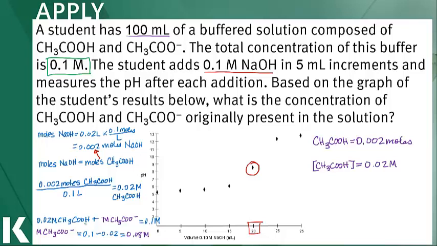When I subtract my 0.02 molar acetic acid from both sides of the equation, I find out that the molarity of my acetate ion is 0.1 minus 0.02, or 0.08 molar. This tells me that the original concentration of my conjugate base, or my acetate ion, is 0.08 molar.